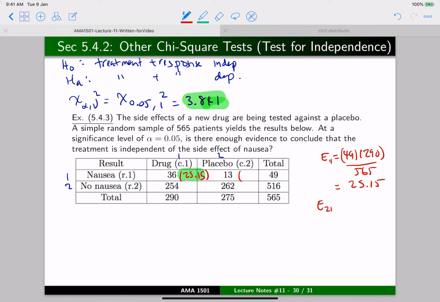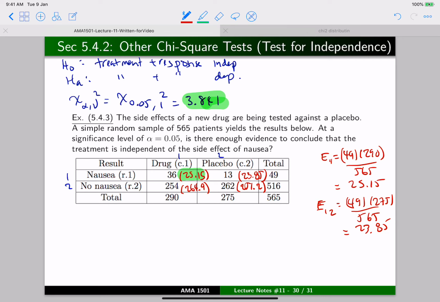Here, row 1 column 2 is going to be 49 times the total of row 2, 275, divided by the grand total 565, which is in fact 23.85. And so on. You can do this here too. It's going to be 264.9. This one will be 231.2.